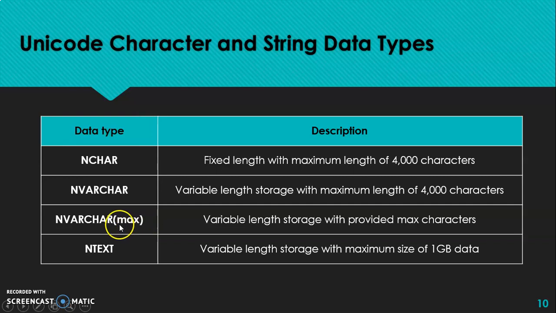Then we have ntext, variable length with a maximum size of 1 GB. If you compare the normal character and string data types with the Unicode ones, you can see the maximum characters allowed here is half of that of the normal character and string data types.